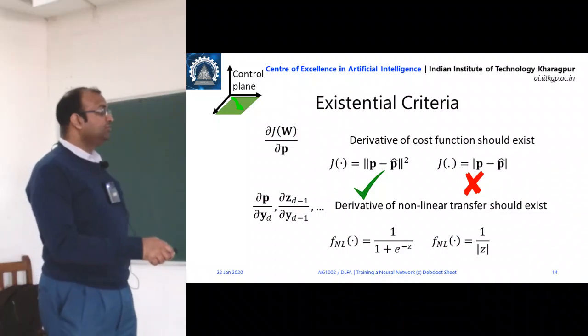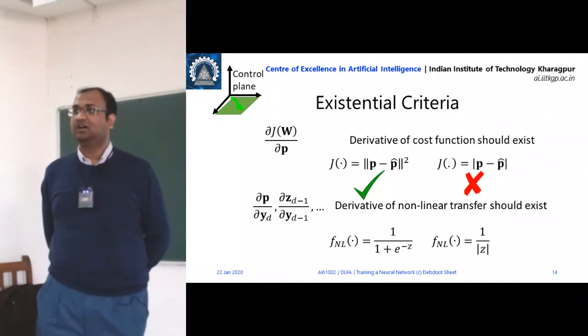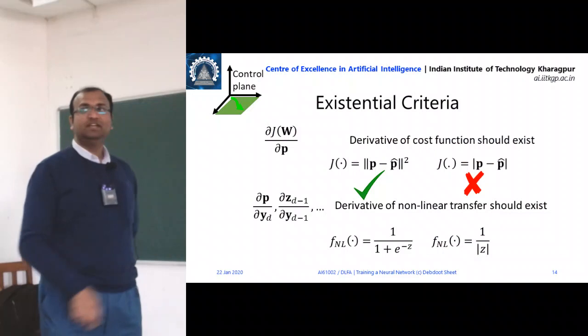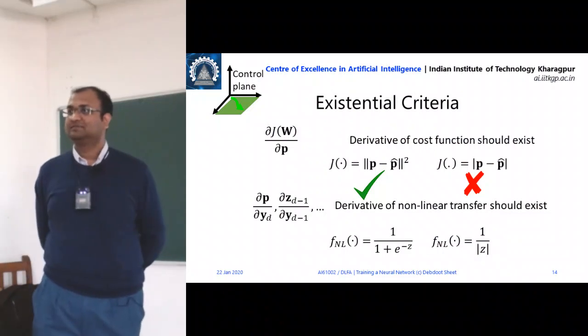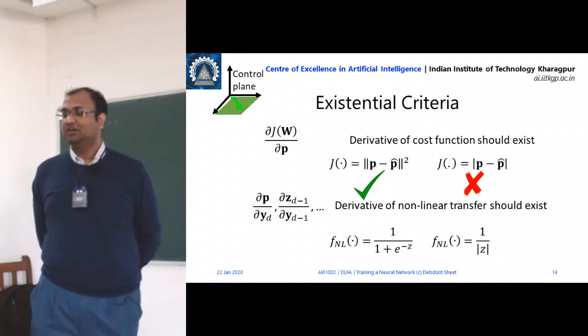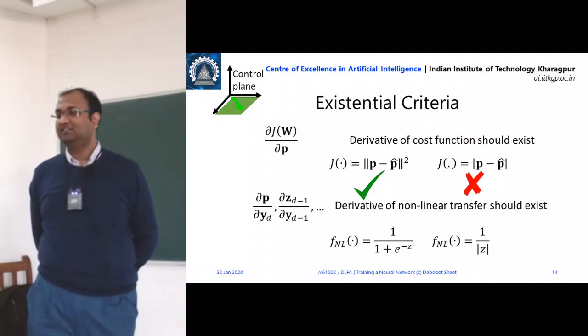So what will happen for this one, say Euclidean loss? Is that derivative existing? That's the point, at x equal to 0. Do you have a derivative existing over the whole space? You have it existing.